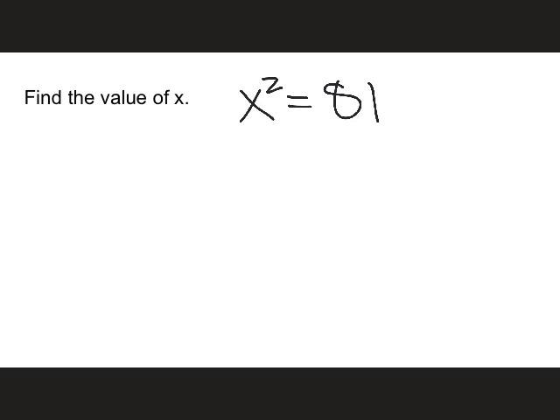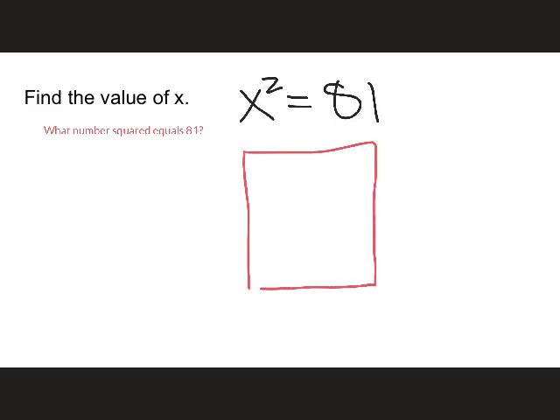Now, sometimes you'll be asked to kind of do this backwards. So you'll be given what the value is and be told to find some other part of it. So in this case, what this is asking is what number squared equals 81, or what number to the second power equals 81. We can also visualize that by picturing a big square with an area of 81.